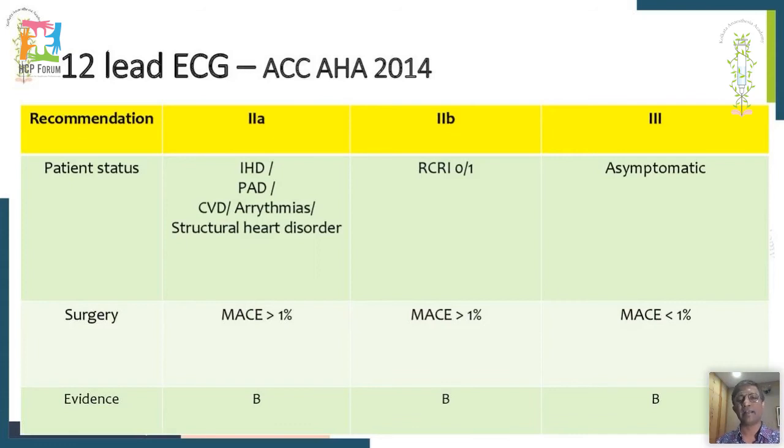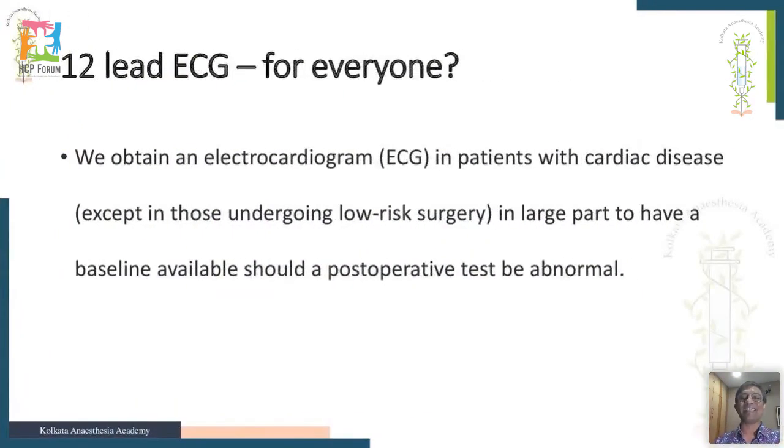Our take is that we would do it in everybody with some history of cardiovascular disease, because that is a baseline to fall back upon if there is a post-operative aberration, to see whether there has been any change from the baseline ECG.